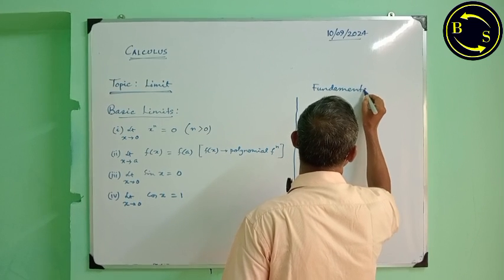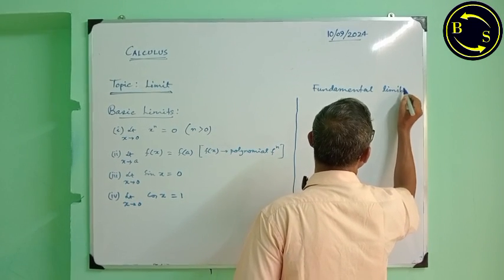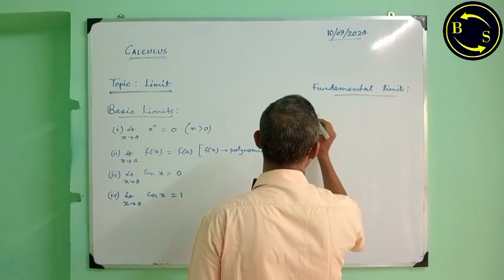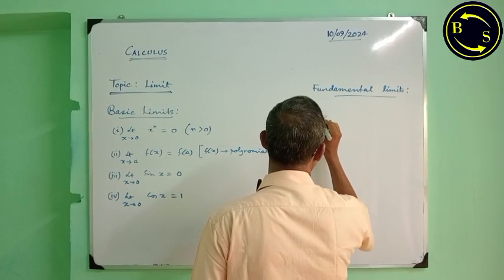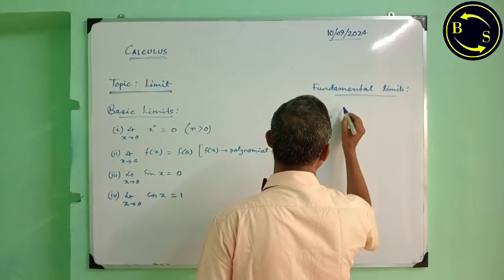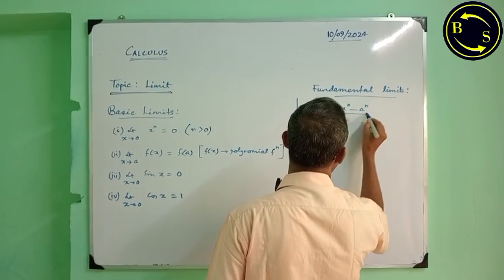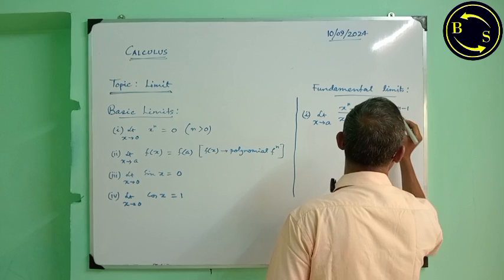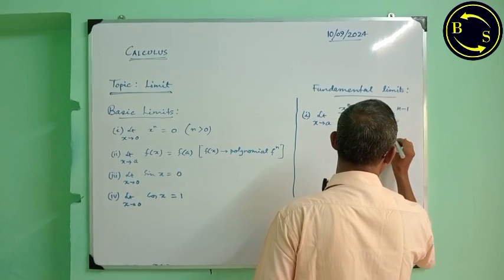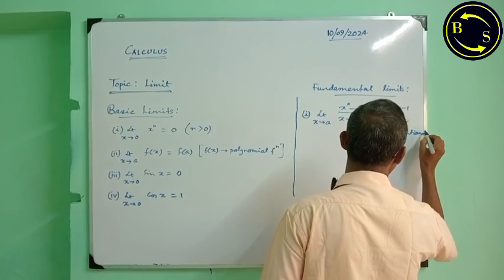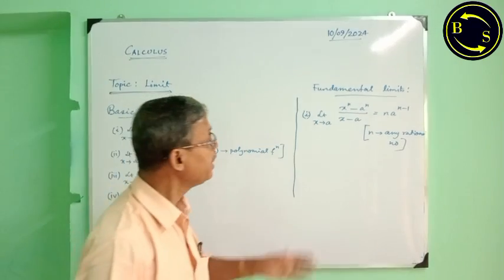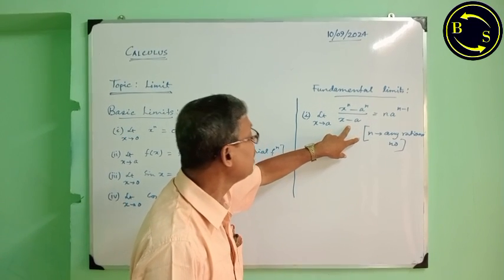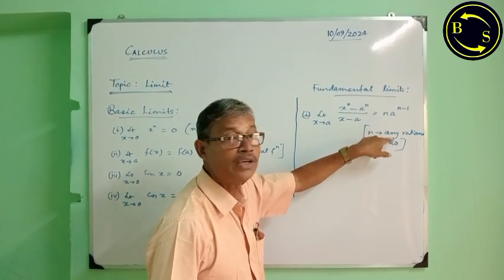Next we will come to fundamental limits. Fundamental limits. Number 1, limit x tends to a, if n be any rational number, then limiting value of x to the power n minus a to the power n divided by x minus a as x tends to a will be equal to n into a to the power n minus 1.